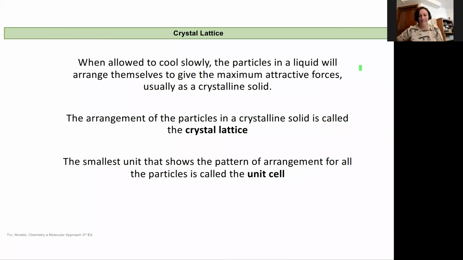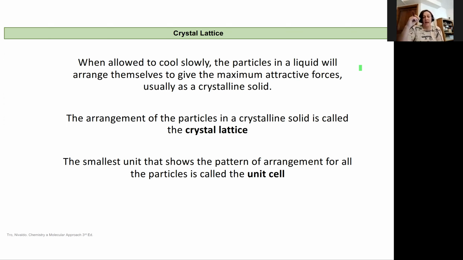A crystal lattice is what forms when we let material cool and form a crystal very slowly. It might not necessarily be a temperature change, but a concentration change.